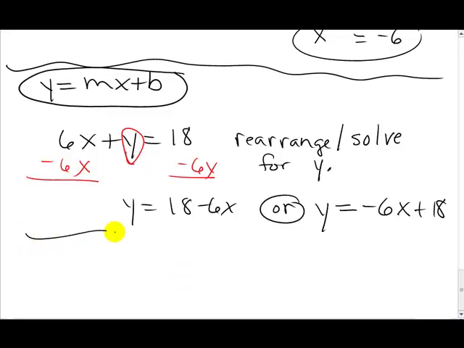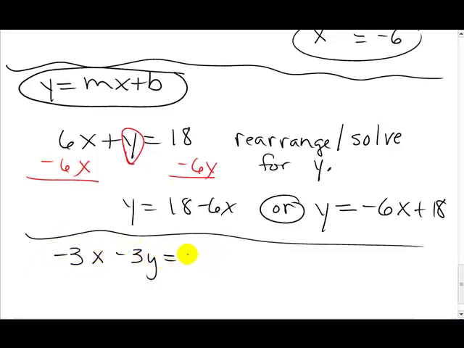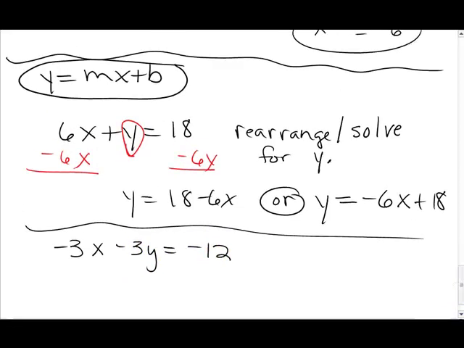Let's look at one more. Here's another one that will have more steps to it. Leave the minus 3y. When the 3x comes over, it becomes positive.